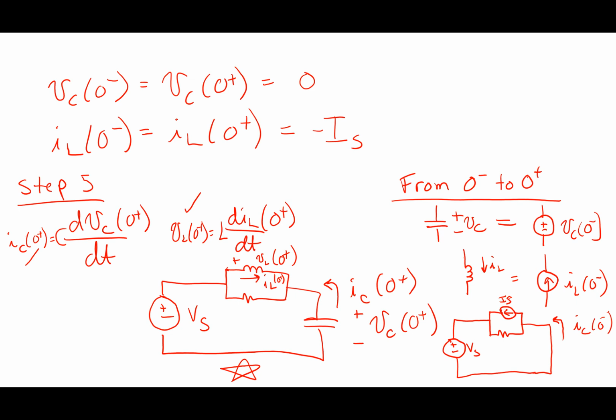Can you explain why I sub S is going to the left when I sub L is going to the right? That's a great question. I'm glad you asked, because I think a lot of people are missing that one. And this is the kind of stuff that's going to cause you to lose those little ticky-tack points that add up on the test, right? I sub L is negative I sub S. So if I sub L is going that direction, I put a current source going the opposite direction.